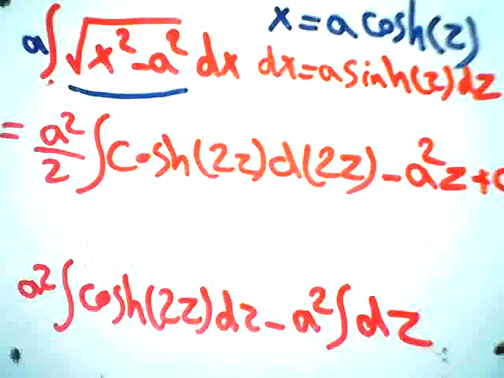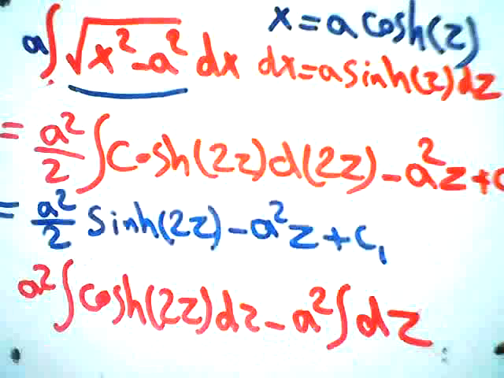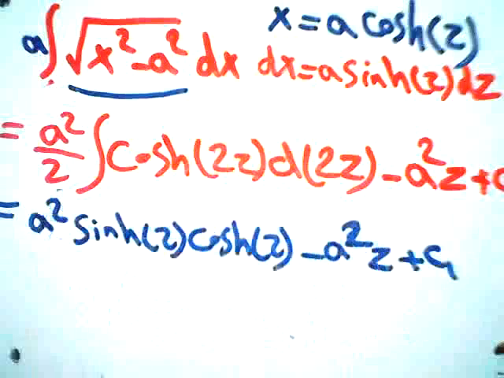Okay, now the first integral equals the sine hyperbolic of 2z plus another constant. Let's take the constant of this and the second integral as c1. And according to the formula for sine hyperbolic of 2z, it is equal to this.